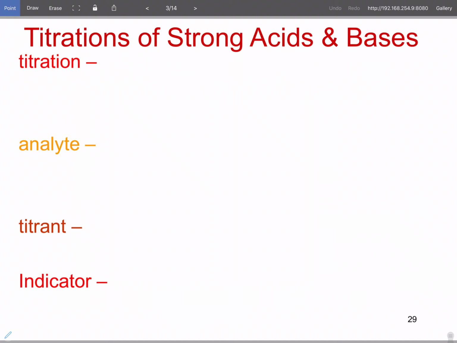Okay, definition. A titration is a method of determining a concentration.